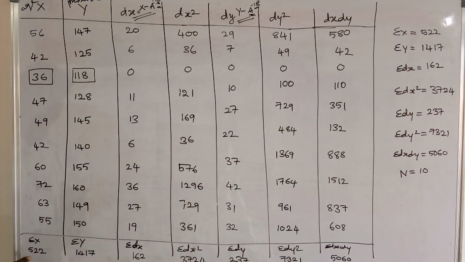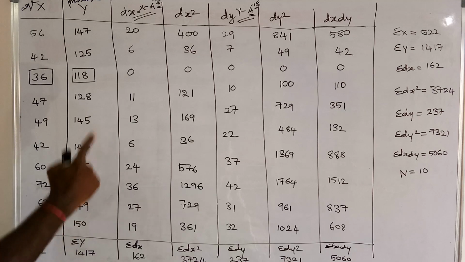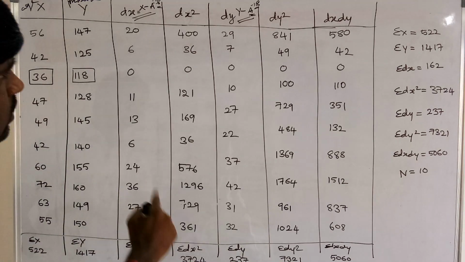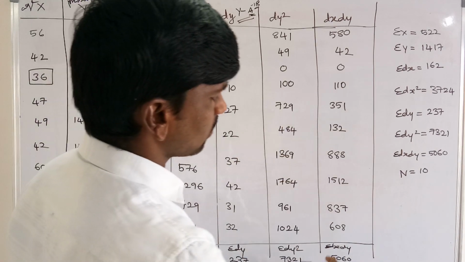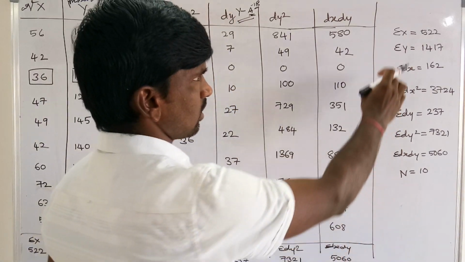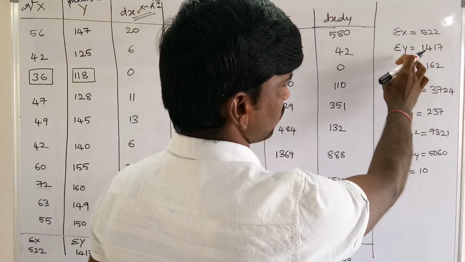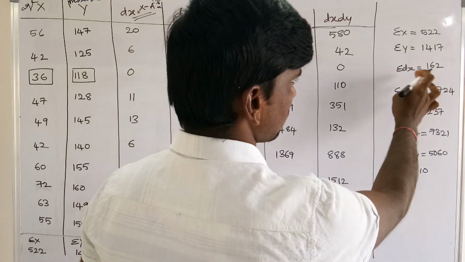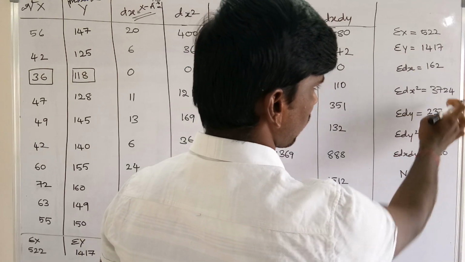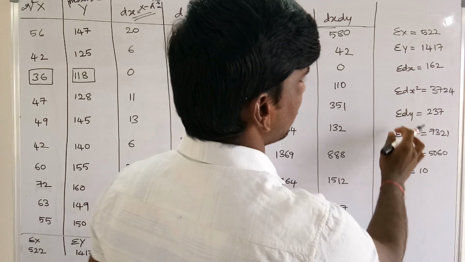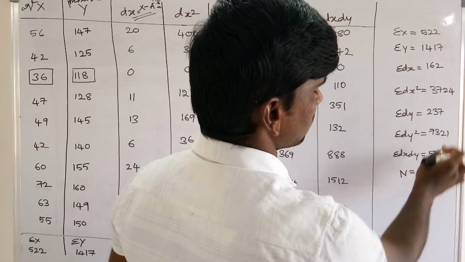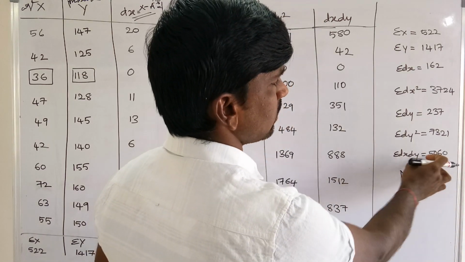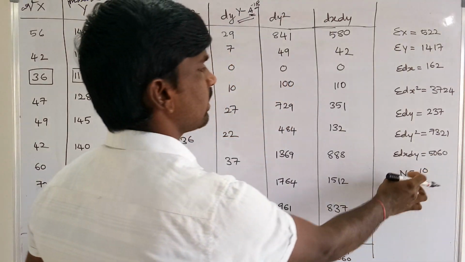So here the summation of x is 522, summation of y is 1470, summation of dx is 162, dx square 3724, summation of dy is 237, dy square is 7321, dx dy is 5060, then n is 10.